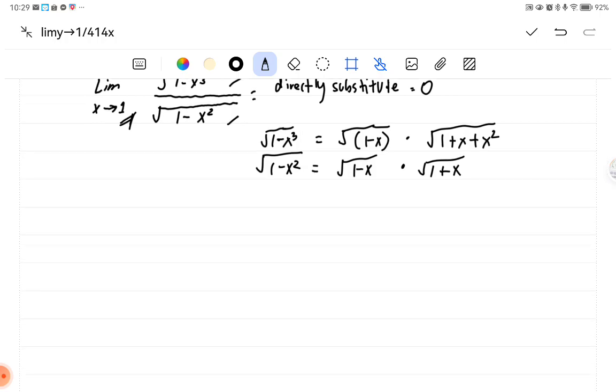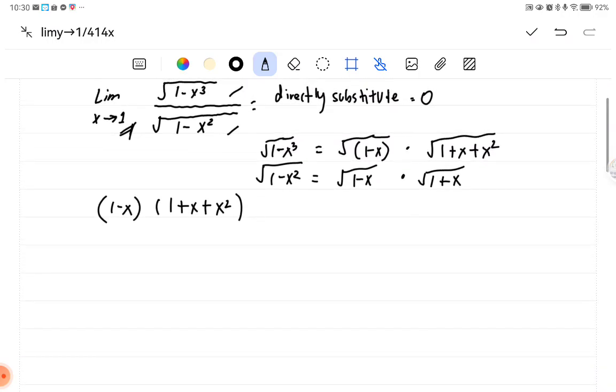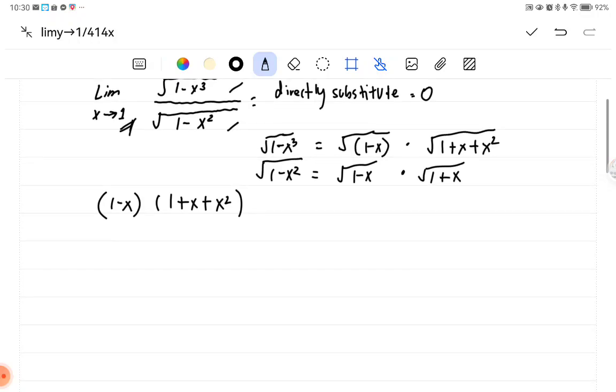So we have here 1 minus x. Let's try 1 minus x multiplied by 1 plus x plus x squared, and see if we will obtain 1 minus x cubed. So we will have here 1 plus x plus x squared minus x minus x squared minus x cubed.